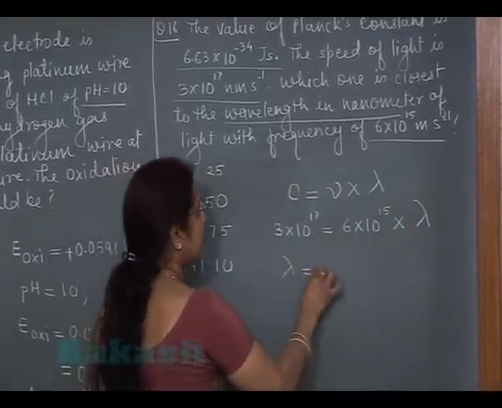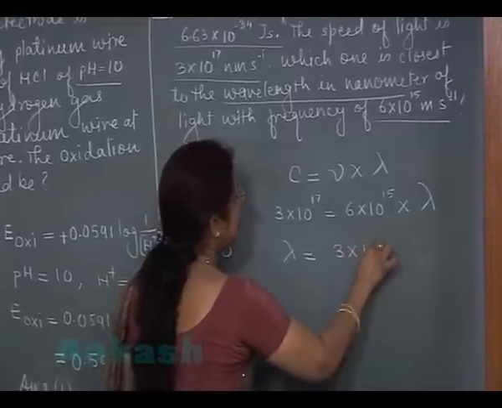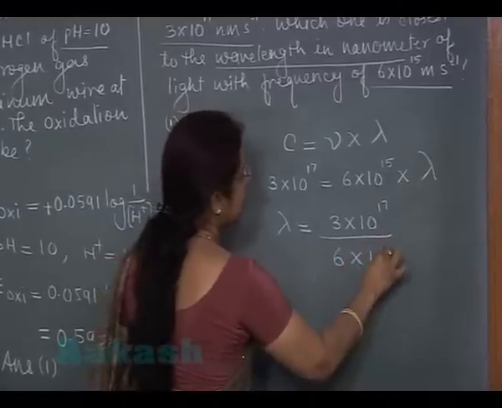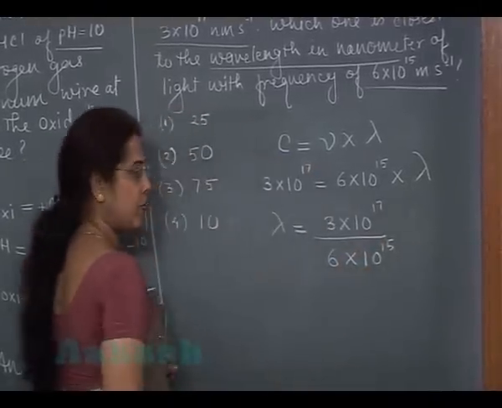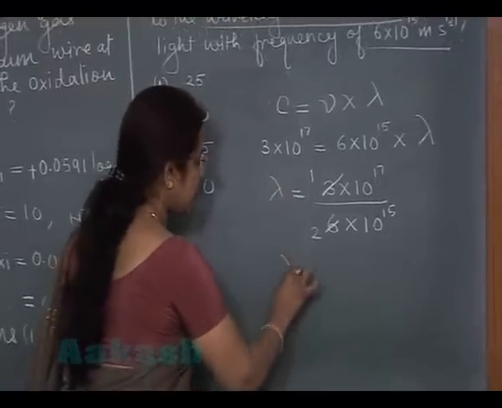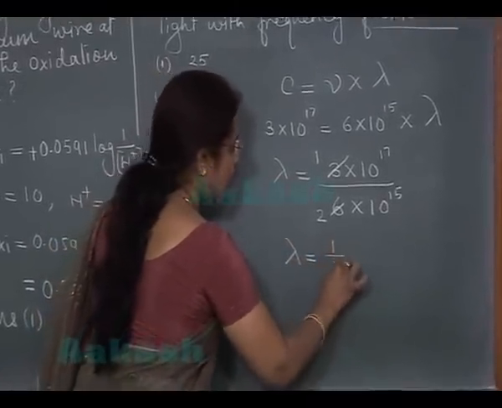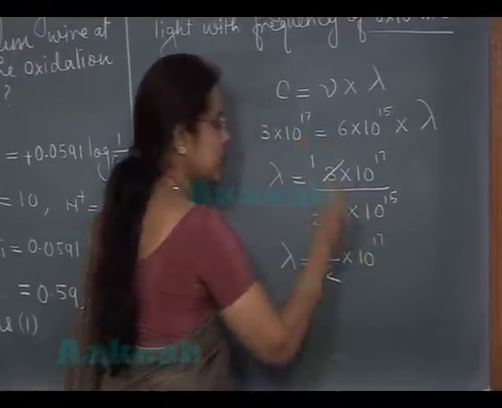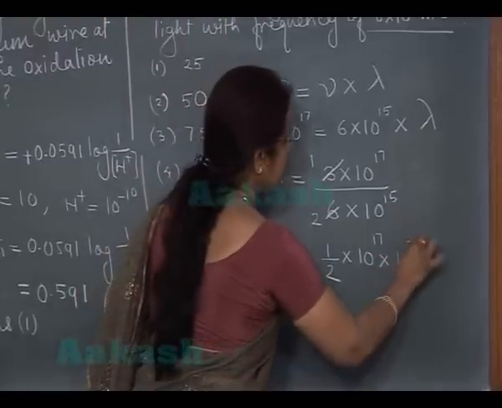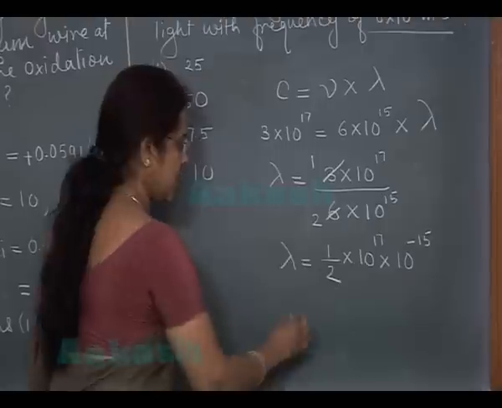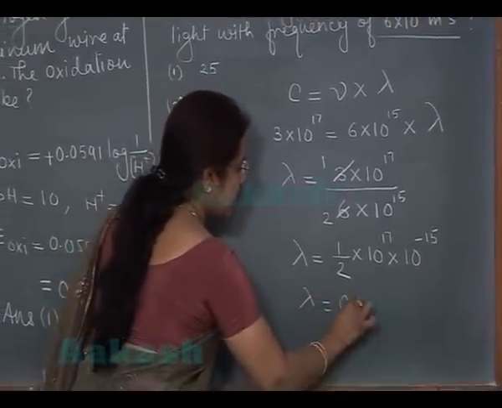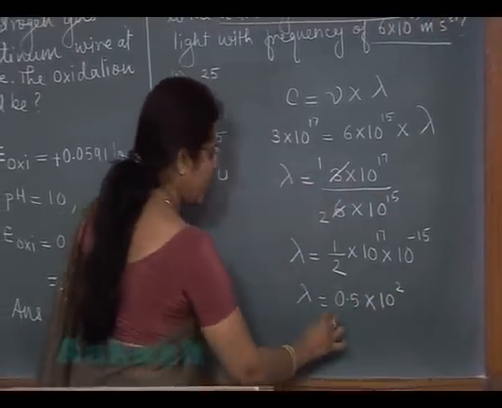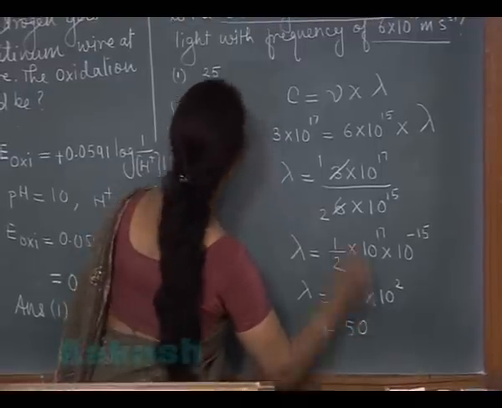So wavelength becomes 3 into 10 raised to power 17 by 6 into 10 raised to power 15. If we solve this lambda is coming out 1 by 2 into 10 raised to power 17 into 10 raised to power minus 15. So here the answer becomes 0.5 into 10 raised to power 2.